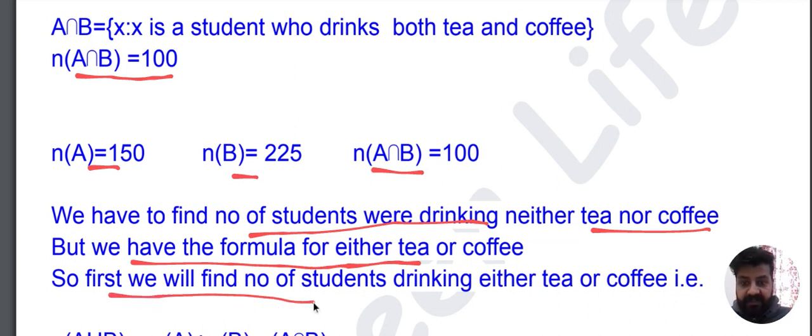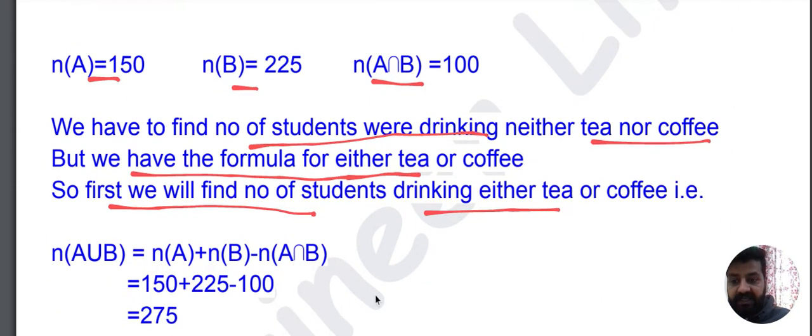So first we will find the number of students drinking either tea or coffee, the students who drink at least one beverage, tea or coffee, and that set of students will be A union B. A union B means the set of students who consume at least one beverage, either tea or coffee.